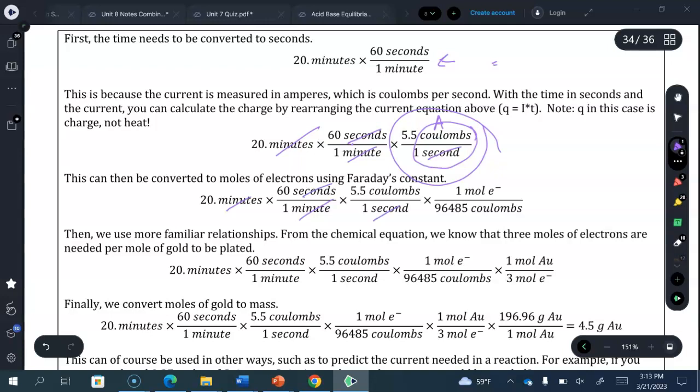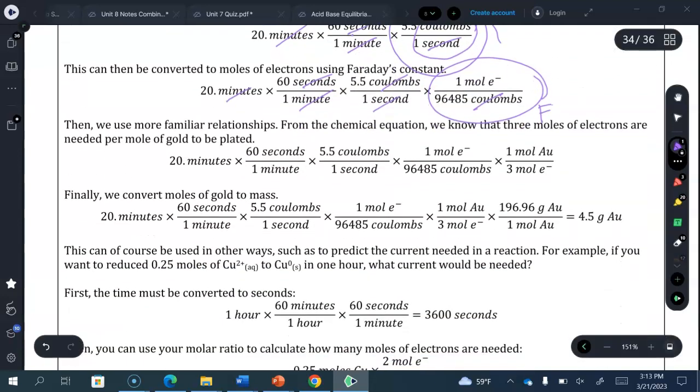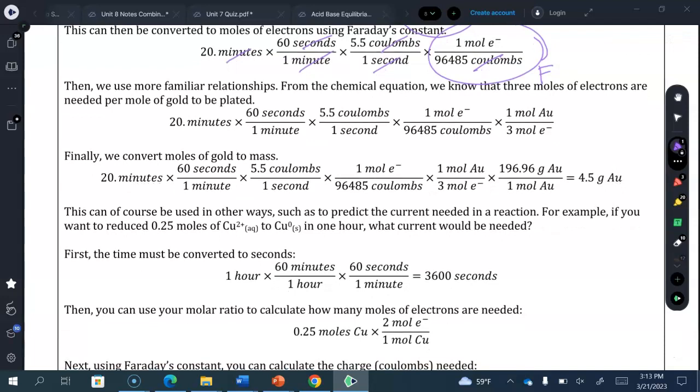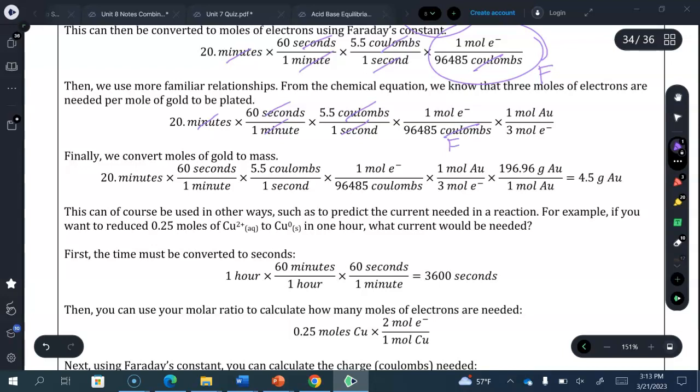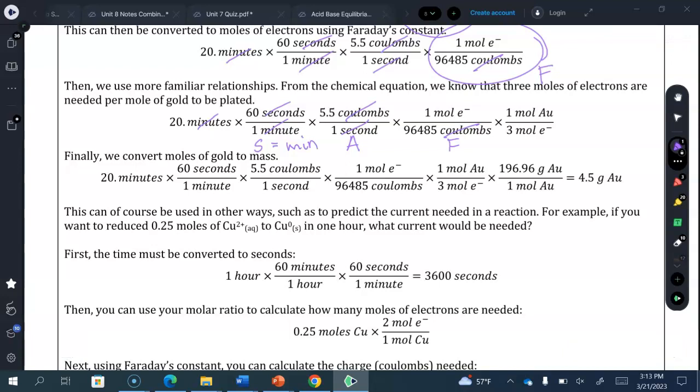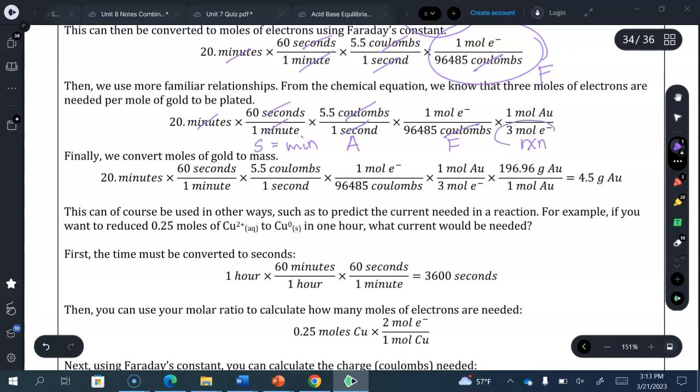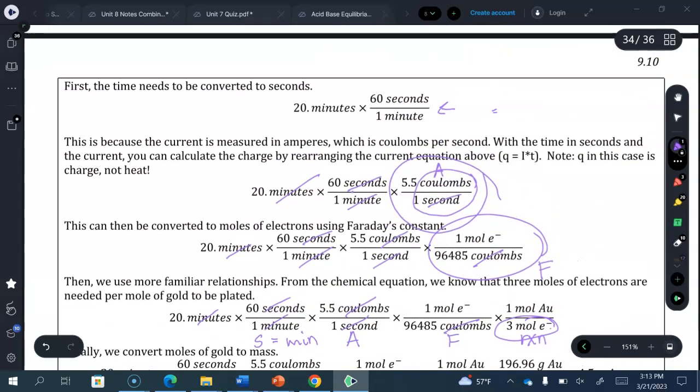Then I change my coulombs to moles of electrons because I can relate that to my reaction, so I use Faraday's constant here. I'm just walking through the math. Once we get to the moles of electrons, we can then use the reaction to create a relationship between moles of electrons and the moles of gold.